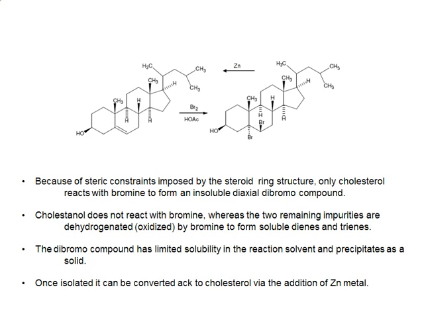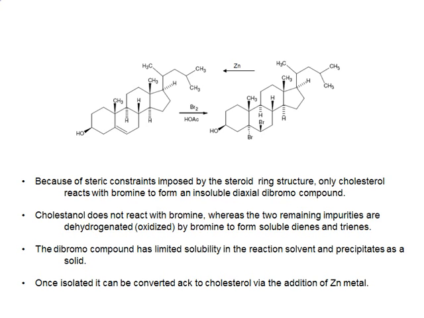Those other three impurities, after bromine is added, still remain in your filtrate. So this is how we actually isolate the cholesterol dibromide, not cholesterol directly, from the other components in the mixture.